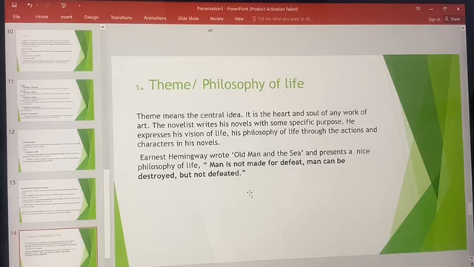Let us take this example from Ernest Hemingway, when he wrote his novel The Old Man and the Sea, and presents a nice philosophy of life, which is: man is not made for defeat. Man can be destroyed but not defeated.